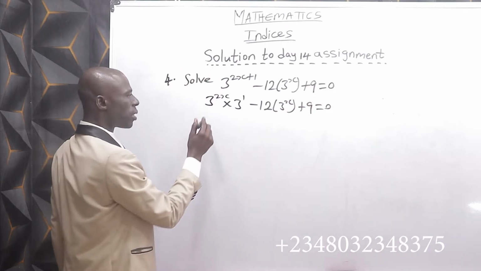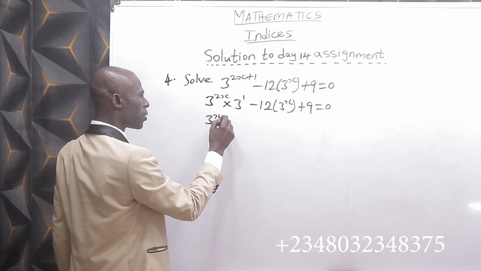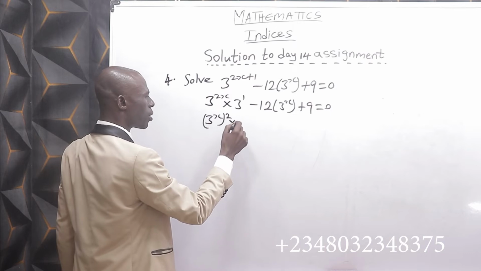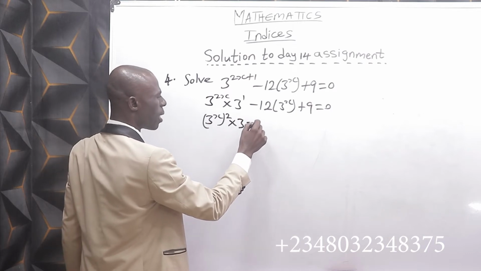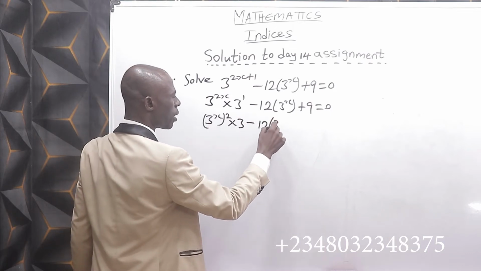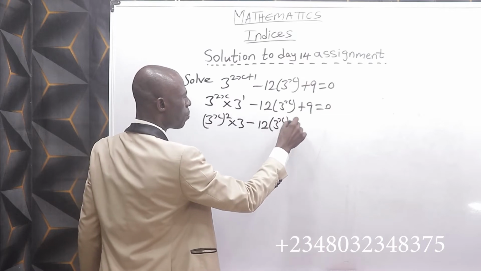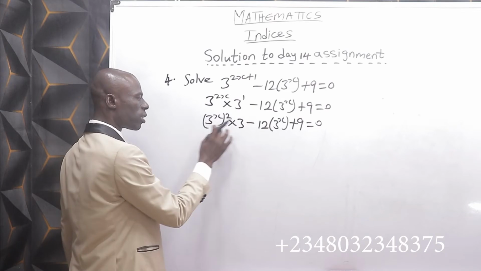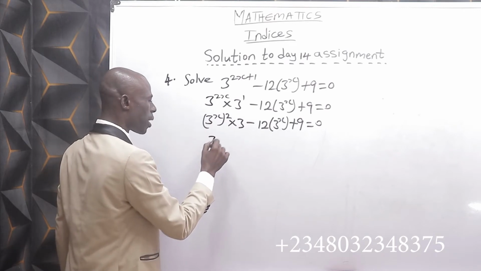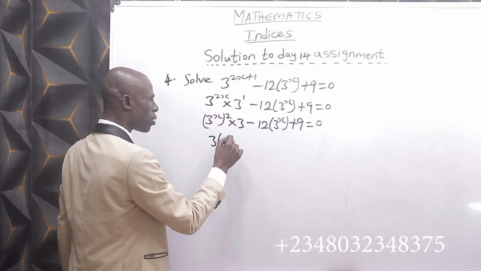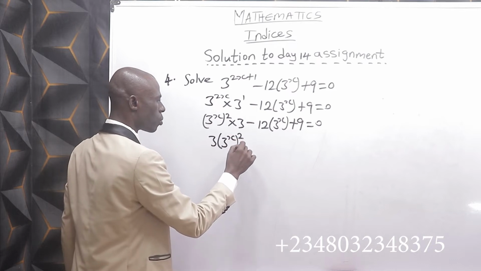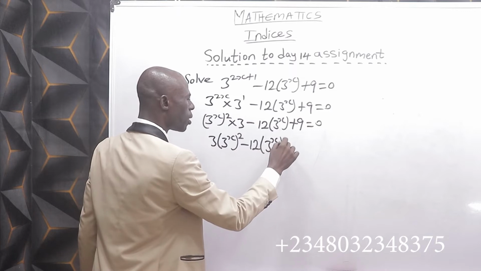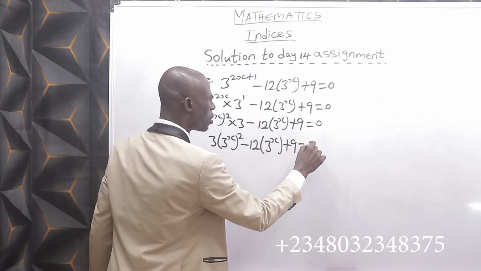This could be rewritten as 3 raised to the power x raised to the power 2 times 3 minus 12 into 3 raised to the power x plus 9 equals 0. So since 3 multiplies this, it is 3 into 3 raised to the power x raised to the power 2 minus 12 into 3 raised to the power x plus 9 equals 0.